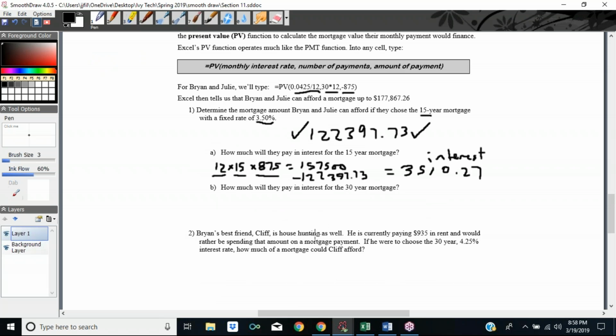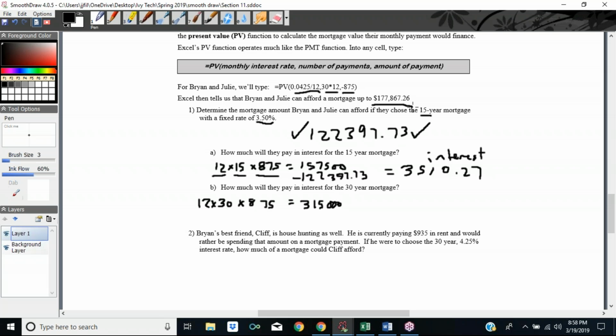And then how much will they pay over the 30-year mortgage? Well, that's 12 payments times 30 years times $875, and that is $315,000.